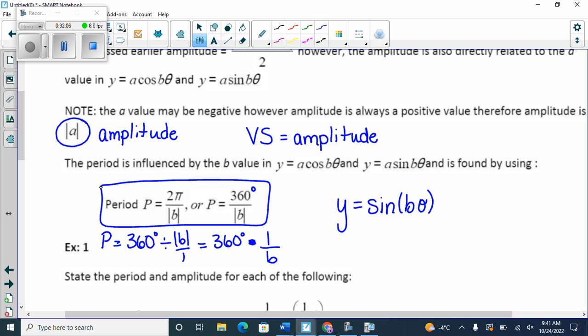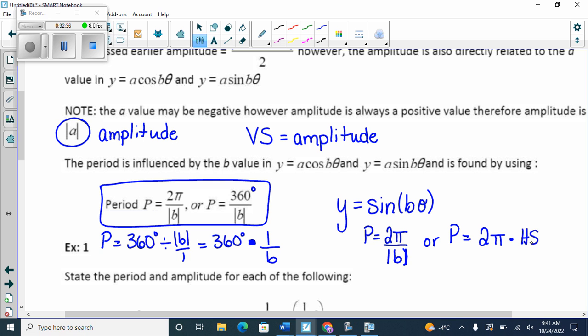People will divide by the horizontal stretch, and I'm like, that's backwards. So you can either do p equals 2 pi divided by the absolute value of b, or you could do p equals 2 pi times the horizontal stretch. Do we agree? Those are the two things you can do.